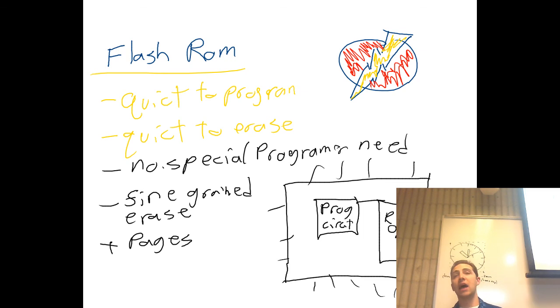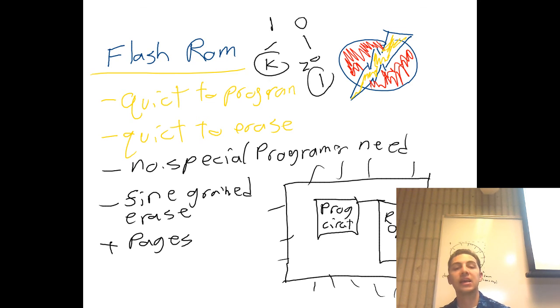So you might have 10 address lines, which gives you how many bytes of ROM? 10 address lines. We did this last class. 2 to the 10 is 1K of memory, or 1024 bytes.